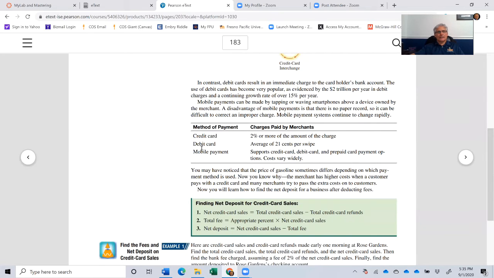Often if the merchant accepts a debit card, they're going to be paying on average 25 cents per swipe. And then a mobile payment supports credit card, debit card, and prepaid card payment options, and the cost will vary significantly between the two options.